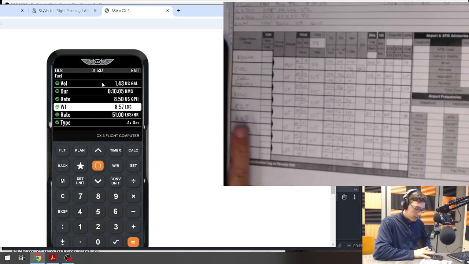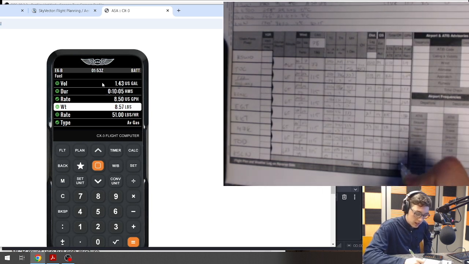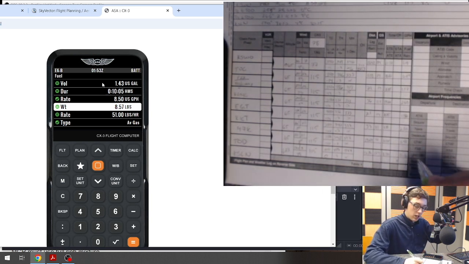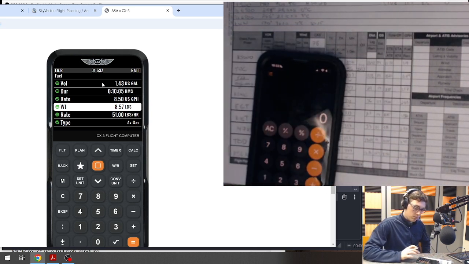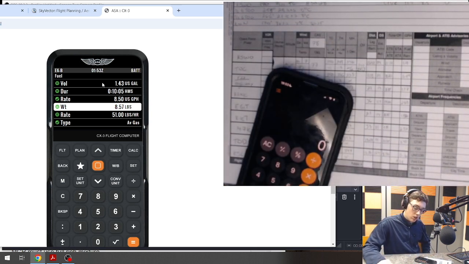Now we're just going to add everything up. Now in our notes, it did say to add plus 1.1 gallons for taxi, all that stuff, starting the engine.